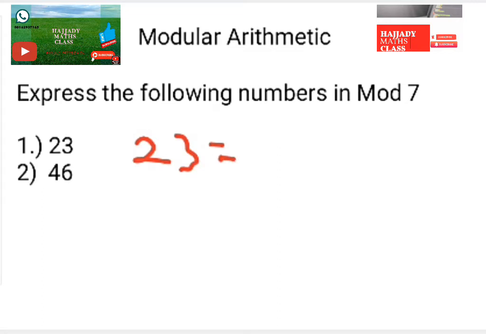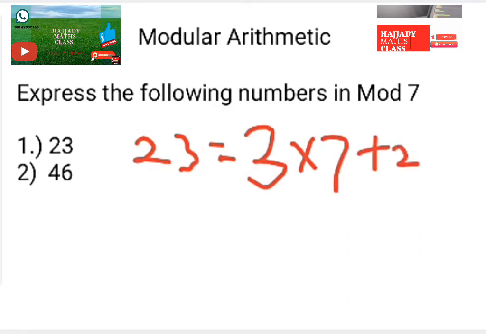Now, in expressing this in mod 7, the multiple of 7 closer to 23 is 3 times 7. This gives 21 plus 2. That means we have this in the form of 2 mod 7.